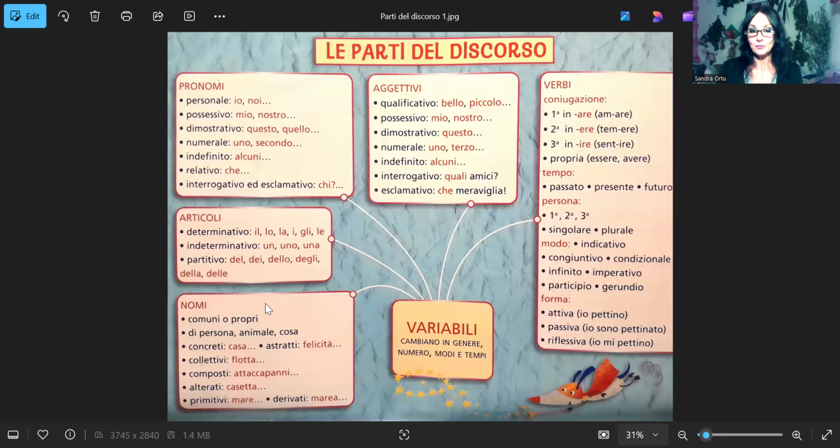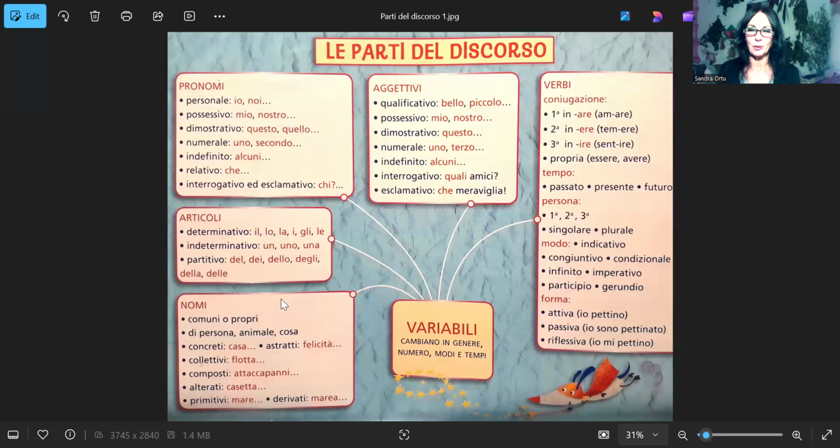Nomi, which are nouns. There are many types of nouns, but let's not worry about the type of nouns. Nouns normally are either masculine or feminine, and then obviously they can be singular and plural. Sometimes for certain types of nouns, we have the masculine and the feminine as well.